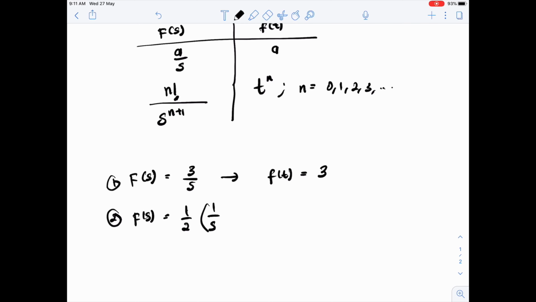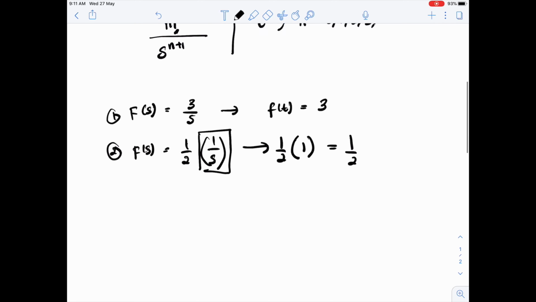We know that the part we need to consider is only the part having s, and 1 over 2 here is only a constant, and then here you will have 1. So the answer is 1 over 2. It's very simple because it's only the direct transformation.